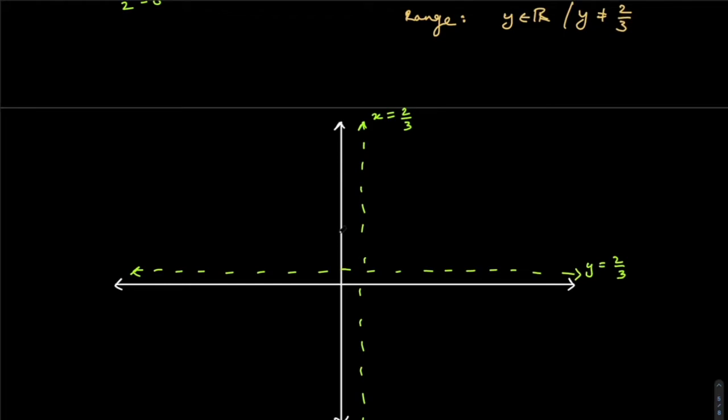So 1.5 is somewhere around here. That gives me the general direction of the curve, something like this. And similarly, that's going to come down here.